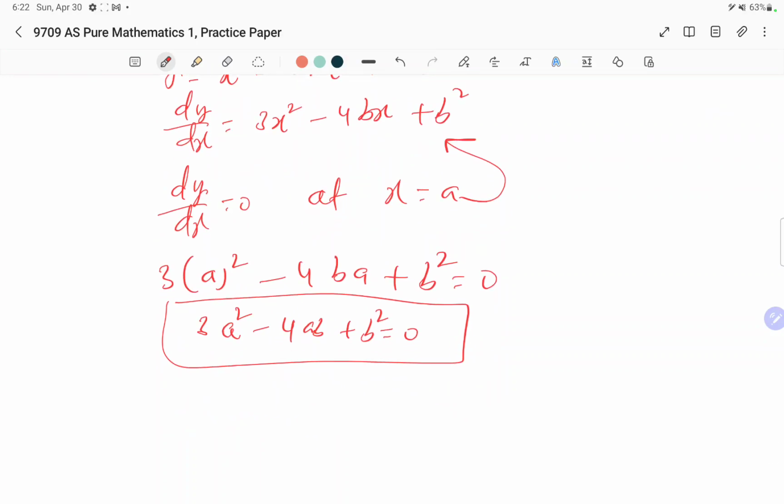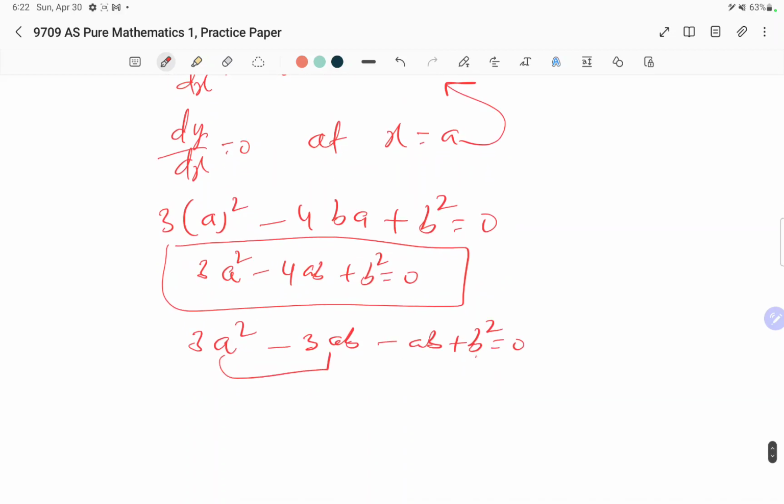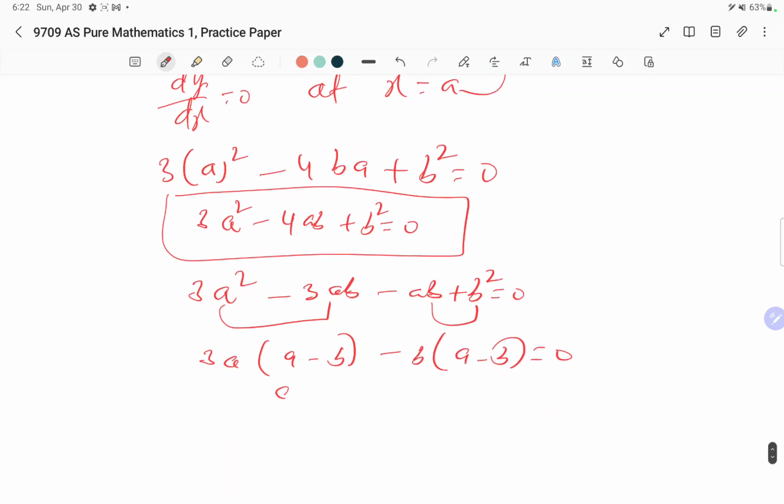Can we factorize that? This is 3a squared minus 4ab plus b squared. So this is 3a squared minus 3ab minus ab plus b squared, which should be 0. If I take 3a common, then this is (a minus b). If I take b common, then again (a minus b) equals 0.